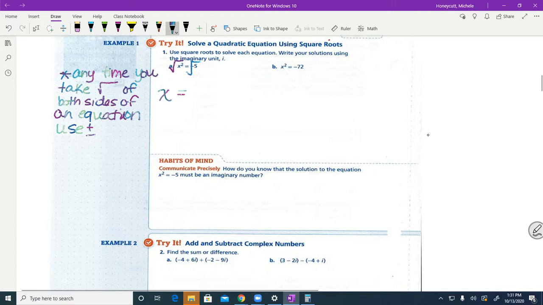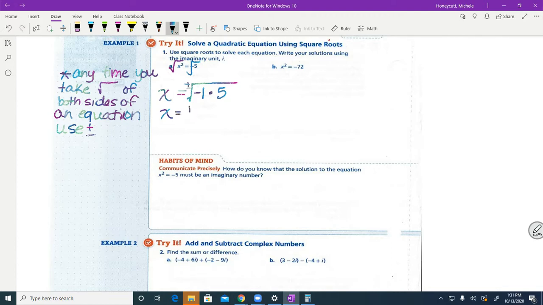All right, so now I need to handle the square root of negative 5. I don't have any definitions for that. So I'm going to rewrite the square root of negative 5 as things that I can take the square root of, as factors of it. So I'll rewrite it as negative 1 times 5. And don't forget I need a plus or minus here.